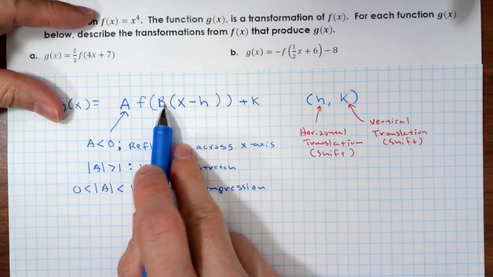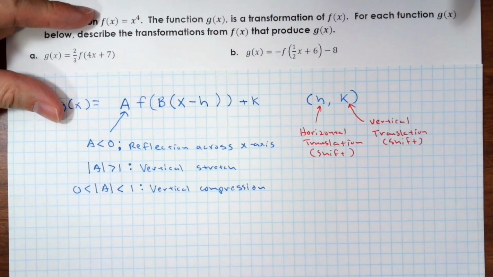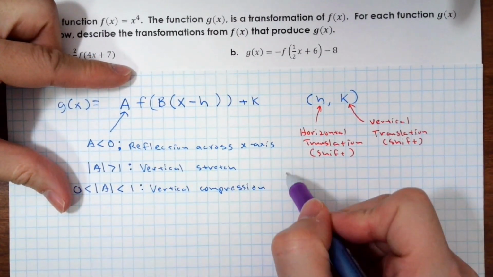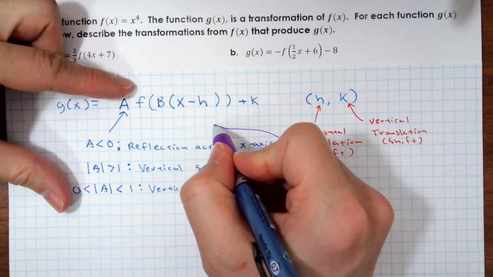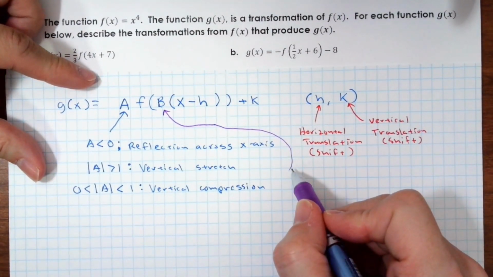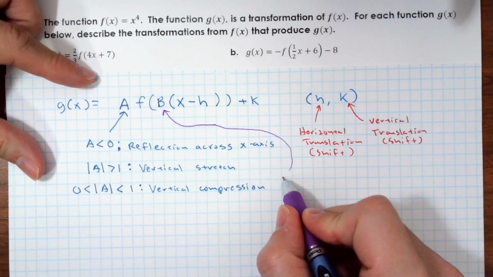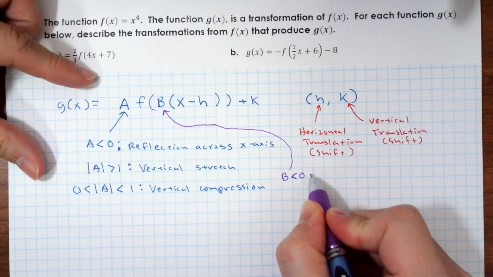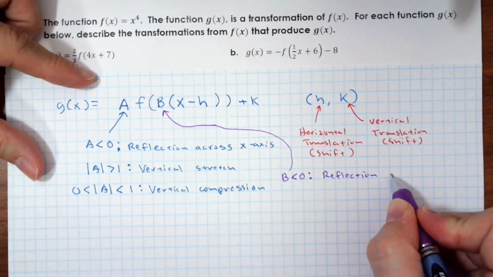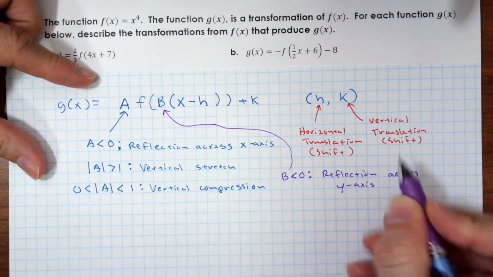B is similar, and man, they snuck B in here. We do have those B situations. It's going to be very similar to this, but we're going to talk about horizontal compressions and stretches and reflections across the y-axis. If b is less than 0, we have a reflection across the y-axis.